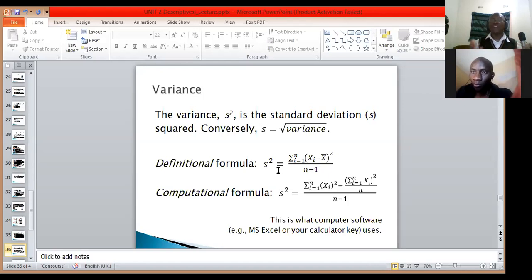That's the formula for variance. So for standard deviation, we put it under the root. For variance, we remove the square root. Everything else remains the same.